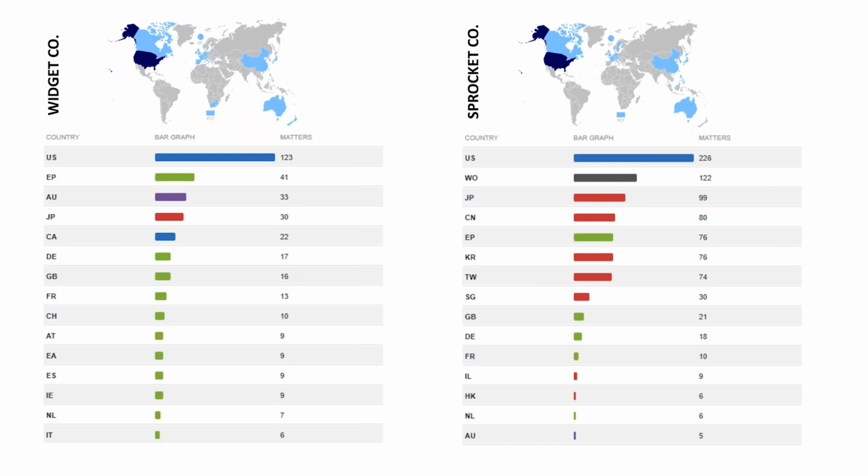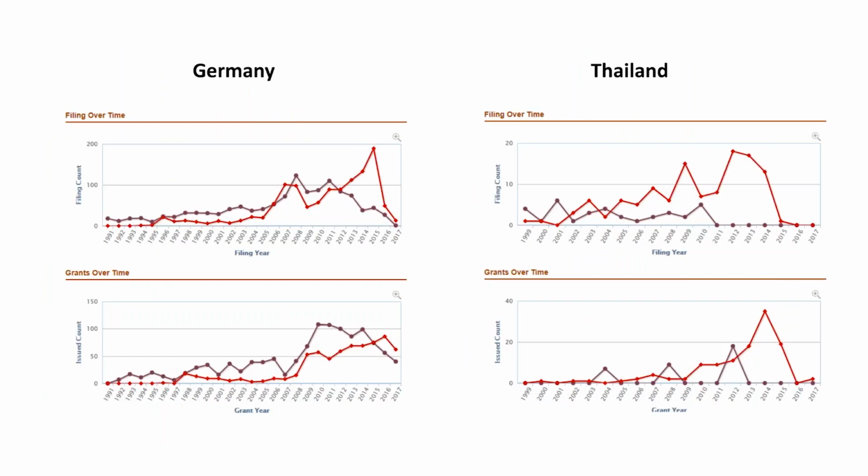Yeah, and as you mentioned just a minute ago with respect to timing, we can similarly compare these companies for their filing and grant trends in different jurisdictions that might be critical to the technology that I'm looking at. So we picked two countries here. We're looking at Germany and Thailand, and I can see the varying filing and trending data of the two countries in those jurisdictions.